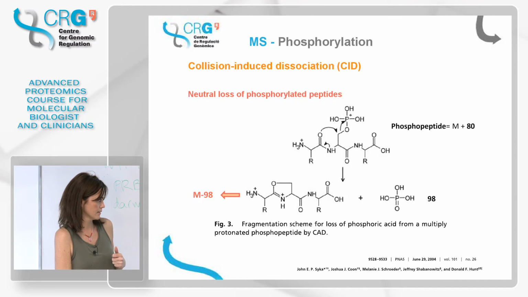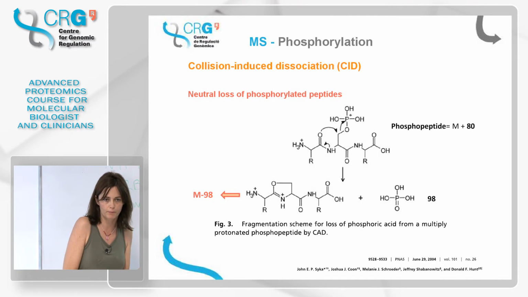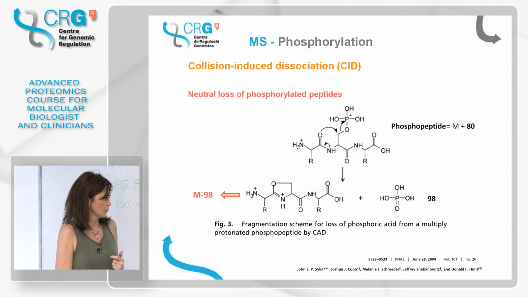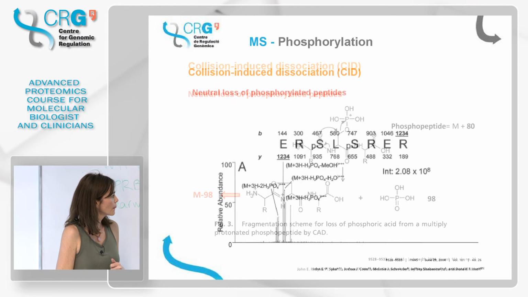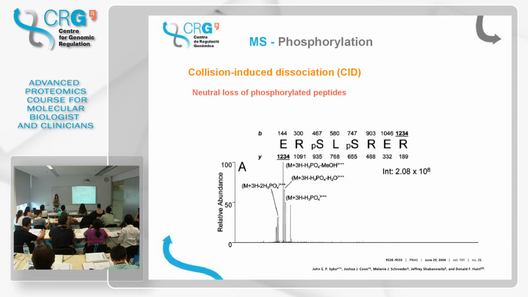This analyte, our mass minus 98, is good, as it is indicative that we have a phosphopeptide. But we lose the information of the site of the phosphorylation.